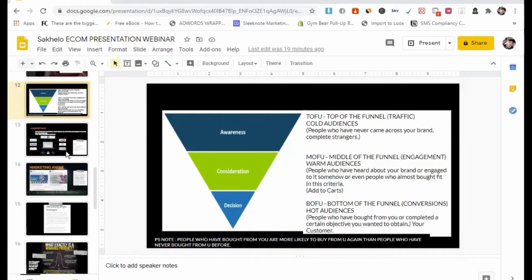So this is why the bottom of the funnel is very important, because these are people you want to make return customers. These are decision makers. These are the people that you're going to focus on making campaigns to in the future. You guys must know this off by heart.